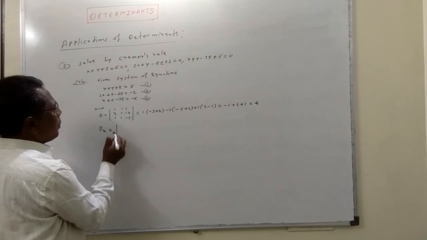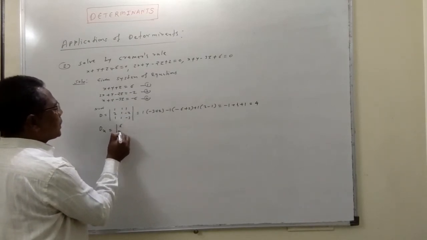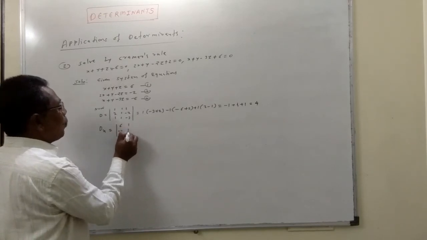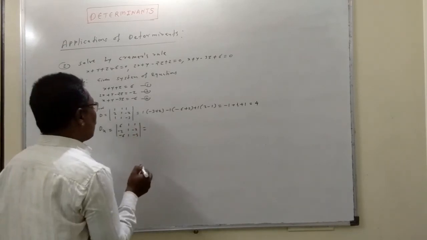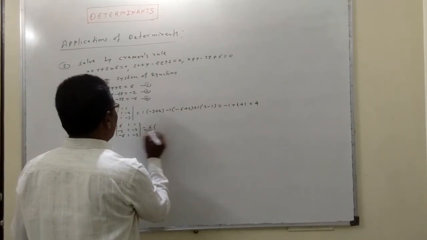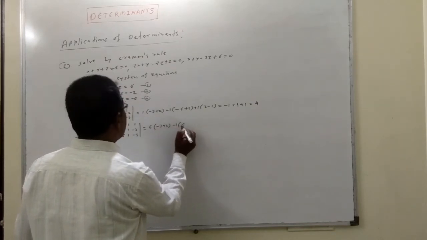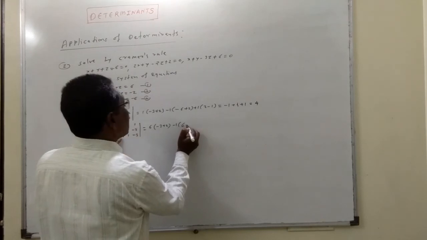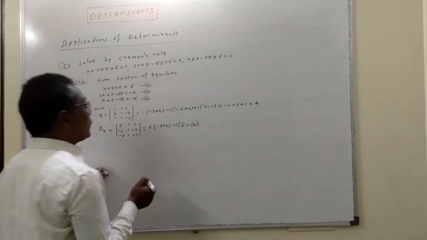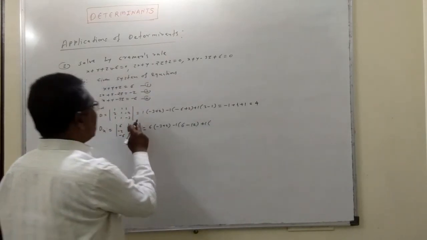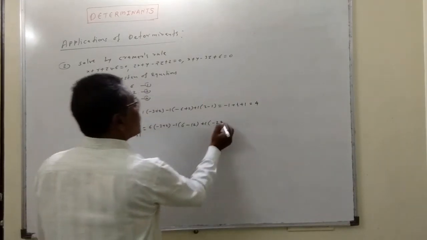Dx is equal to the determinant. Now when we find Dx, we replace the first column by the constants 6, minus 2, minus 6, 1 1 1, 1 minus 2 minus 3. So that is equal to 6 into minus 3 minus minus plus 2, minus 1 into minus minus plus 6, minus 6 into 2 is 12, plus 1 into this determinant, minus 2 minus minus plus 6.